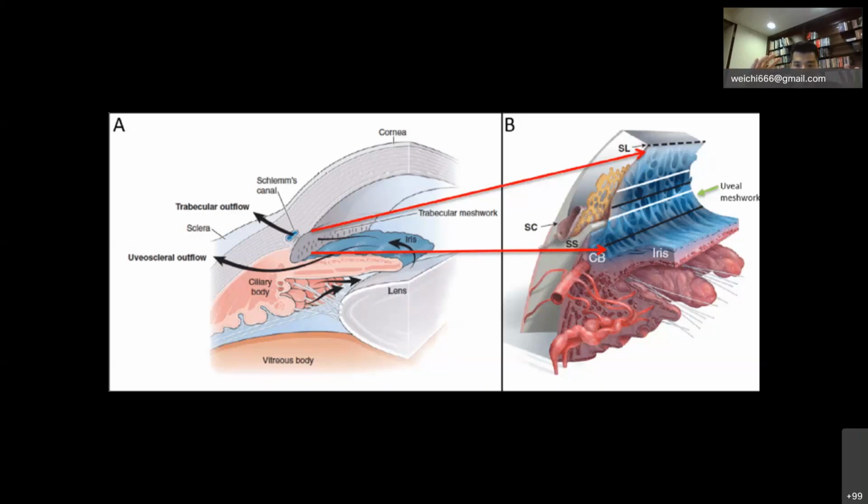If it exceeds the normal range of the intraocular pressure, which is defined as 21 millimeters of mercury, let's say if you have an intraocular pressure of 30 or 35 millimeters of mercury, in the long run, it could damage the intraocular structure, especially the optic nerve, and compromise the patient's vision.